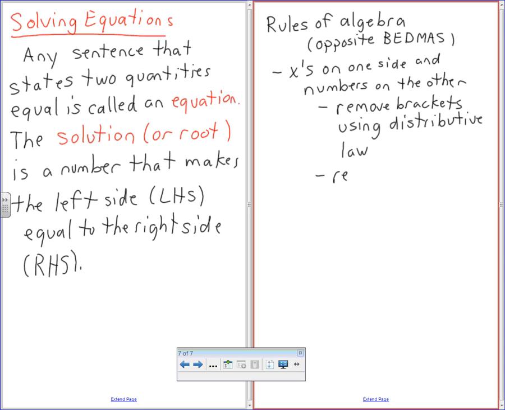We're going to remove fractions by multiplying. I'm almost done here, sorry. You can't see because of my hair. I'm almost done here. And then finally, we're going to divide by the coefficient of the x term.